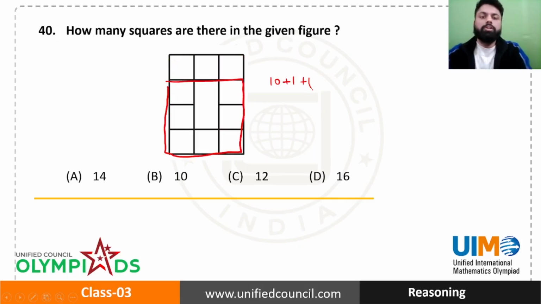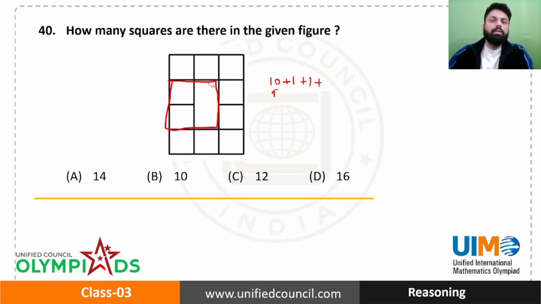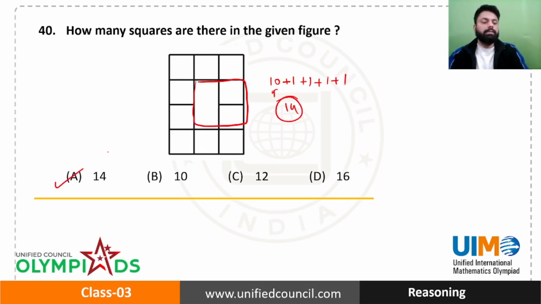So the 1 cross 1 squares are 10, then 3 cross 3 squares, there are 2 squares, plus the squares of 2 cross 2, 1, and similarly 2, 1 plus 1. So this is equal to 14. A option is the correct answer.